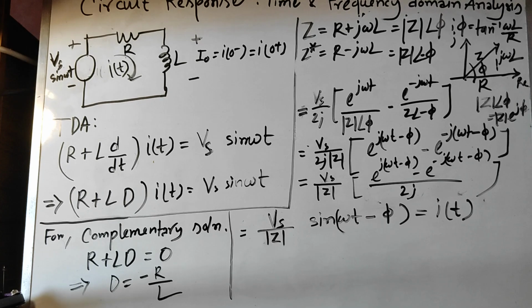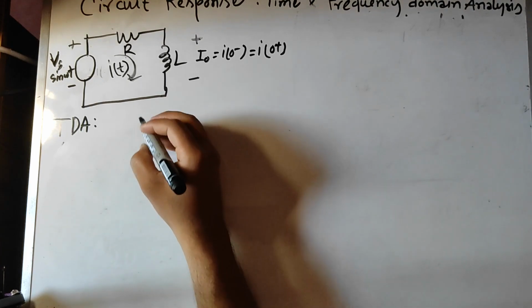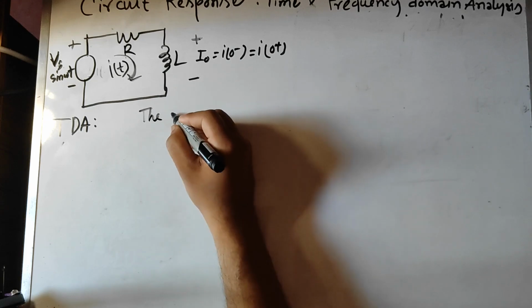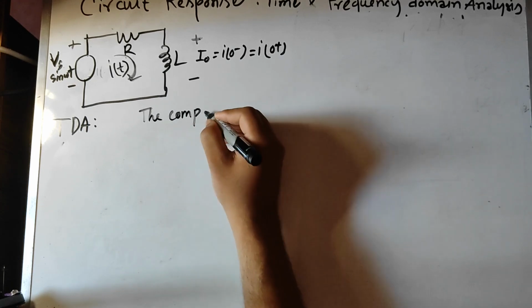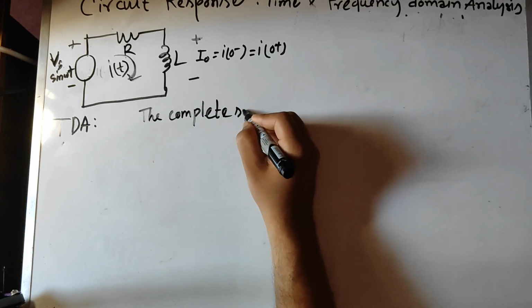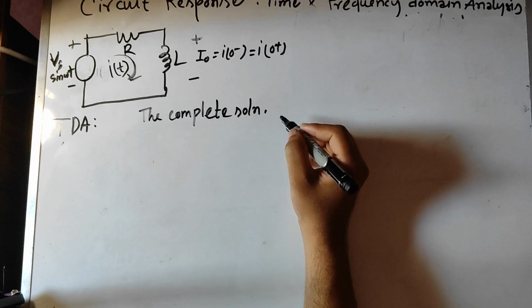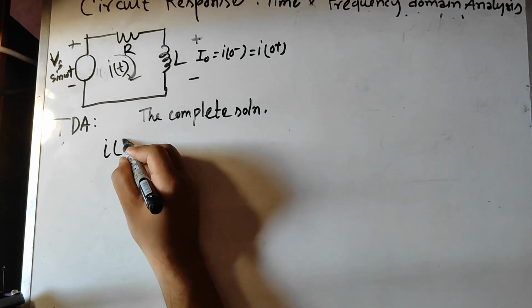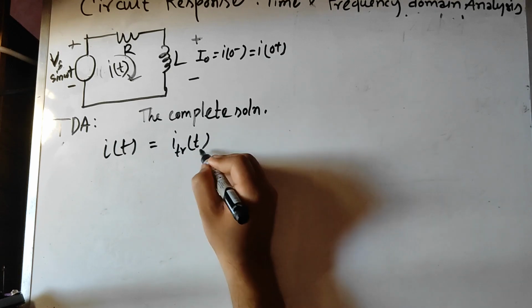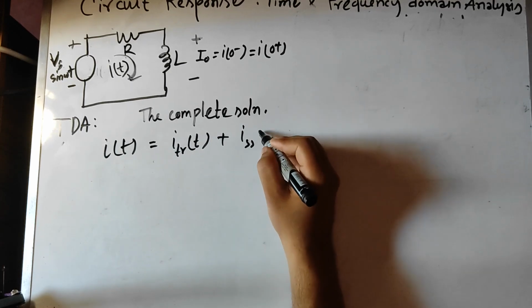Now let us find the complete solution for the series RL circuit. The complete solution or complete response is i(t) equals the transient term plus the steady state term.